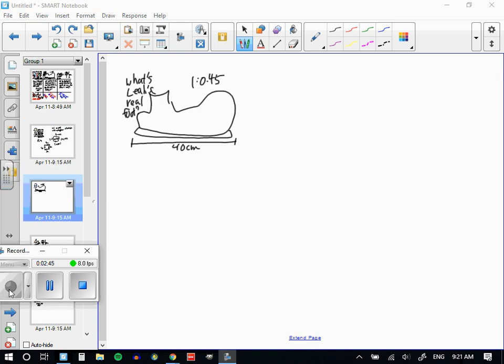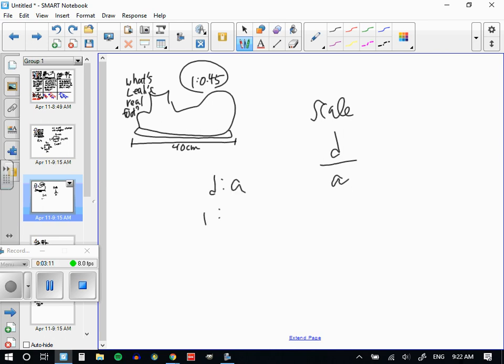Question 2 gives you a picture of a shoe, and this says this is a picture of Leah's foot. And it asks, what is Leah's real foot length, if this is the scale? So scale, we have learned, if we learned anything in this chapter, is the diagram's size divided by the actual size, or D over A. So when I see it like this, 1 to 0.45, the first number in my ratio is the diagram, and the second number is its size in the actual.